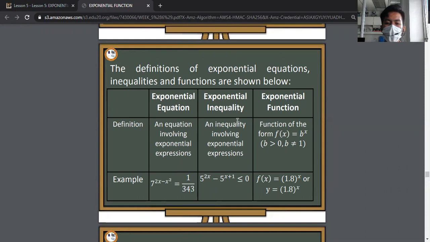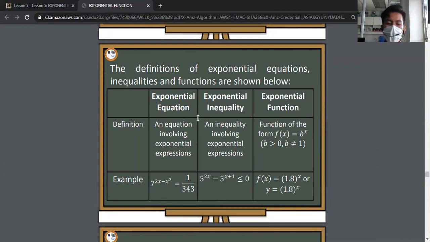Exponential inequality naman po, an inequality involving exponential expression, 5 raised to 2x minus 5 raised to x plus 1 is greater than or equal to 0. Then exponential function po natin, function of the form f of x is equal to b raised to x, where b is greater than 0 and b is not equal to 1.